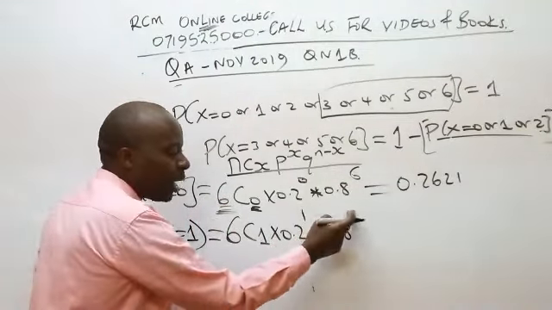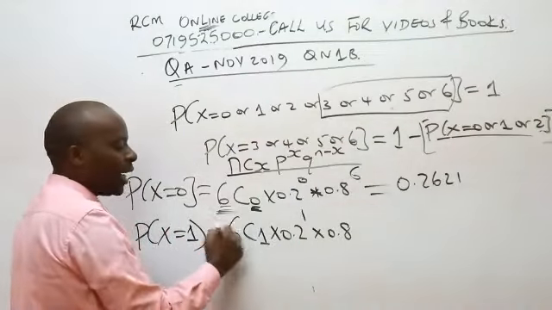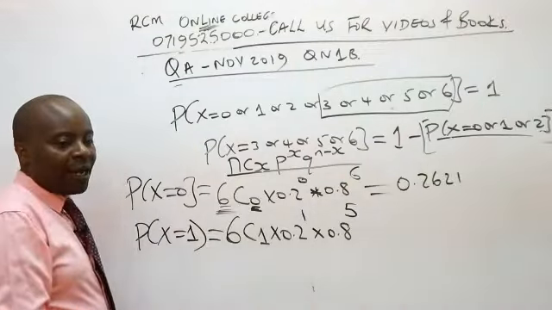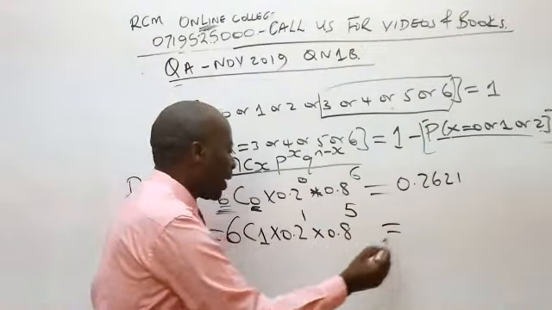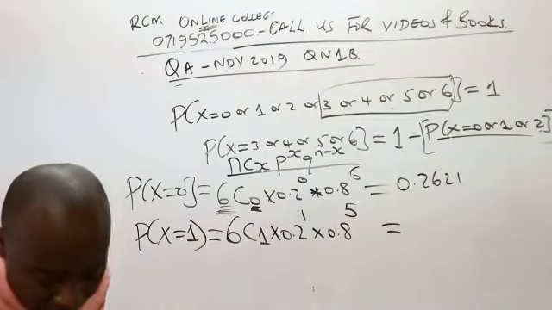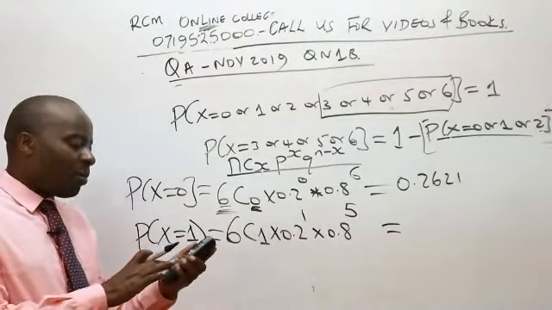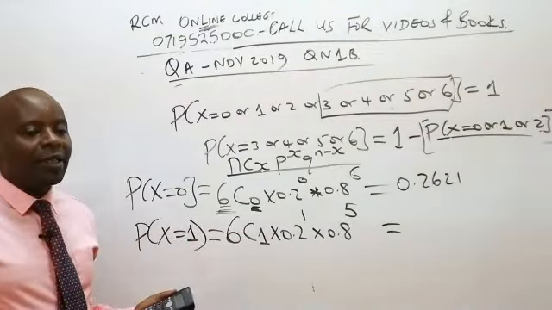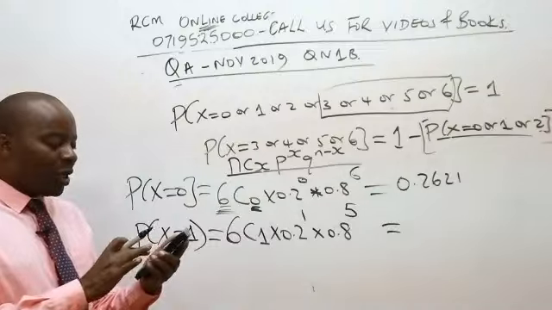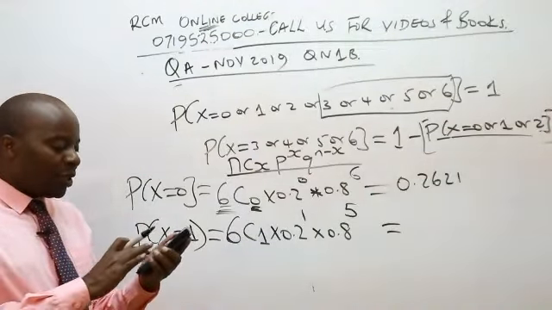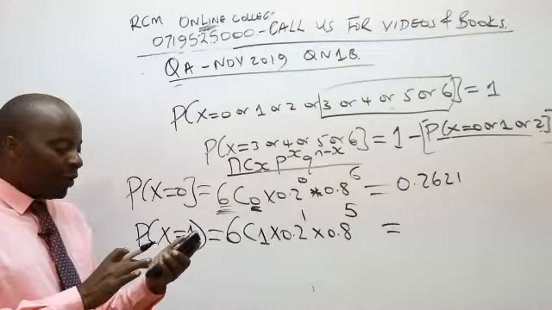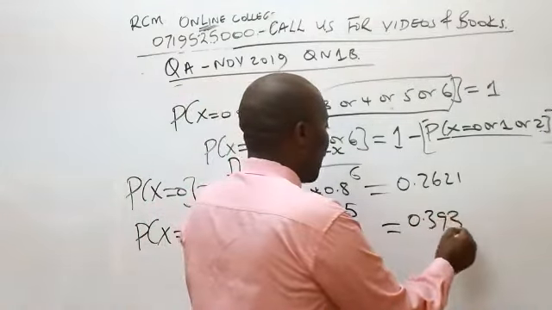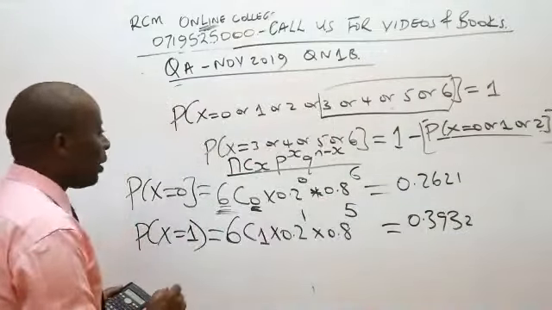I know that the two powers must always add up to n, so the power of Q will be 5. Armed with your calculator, press 6 combinations 1 times 0.2 raised to power 1 times 0.8 raised to power 5, which at the end of the day will give us 0.3932.